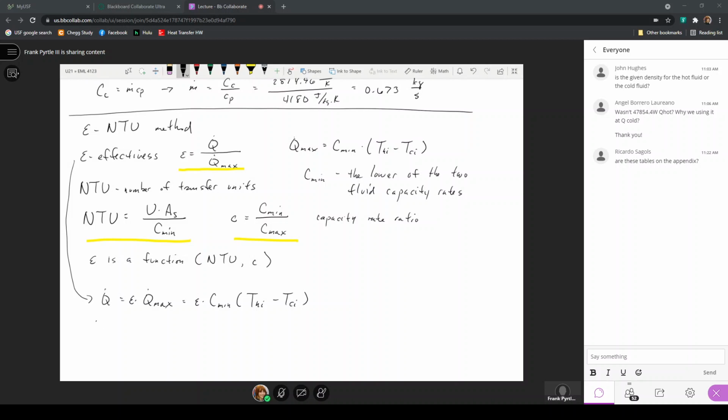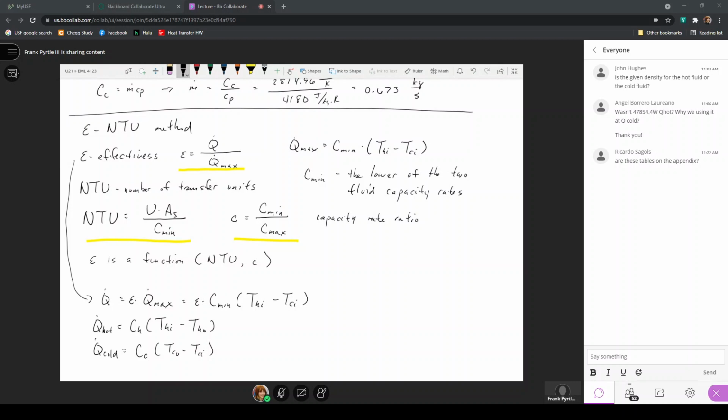And we still have the expressions that say that Q dot of the hot fluid is the capacity rate of the hot fluid times T hot in minus T hot out. And the heat transferred into the cold fluid is the capacity rate of the cold fluid times T cold out minus T cold in.